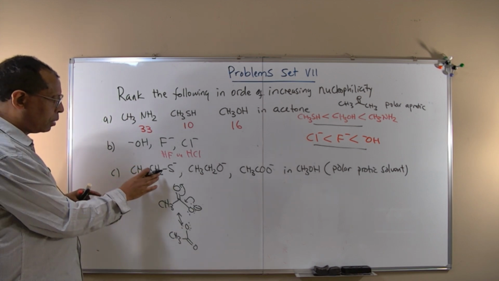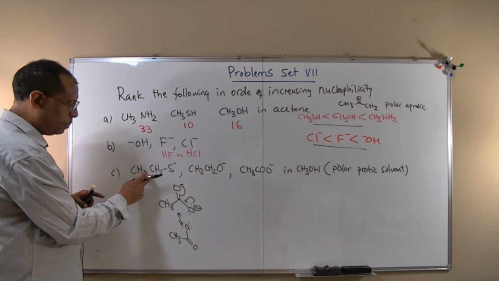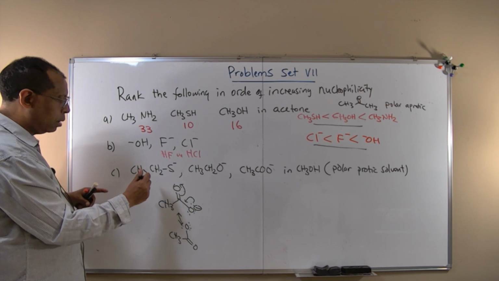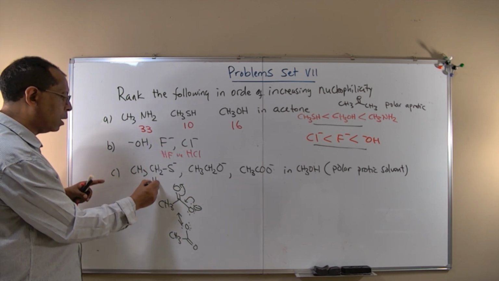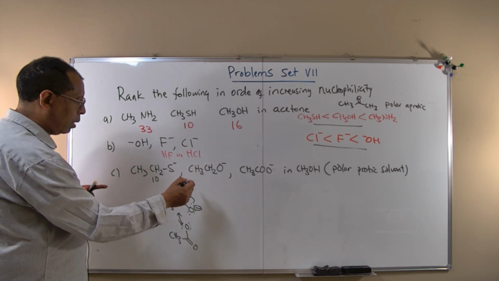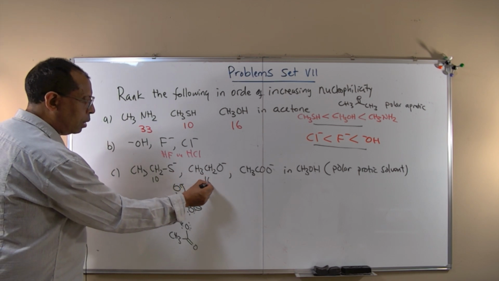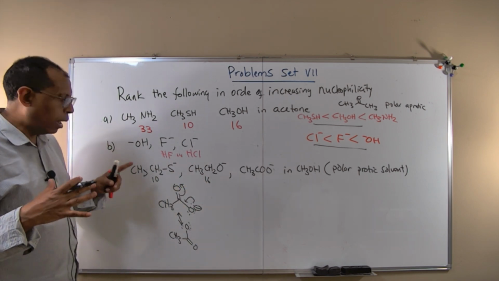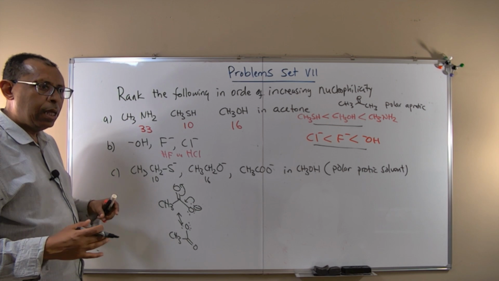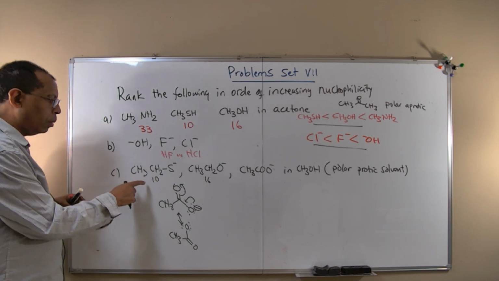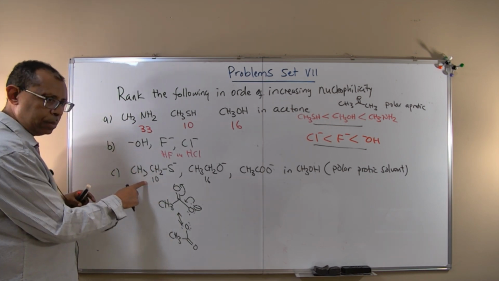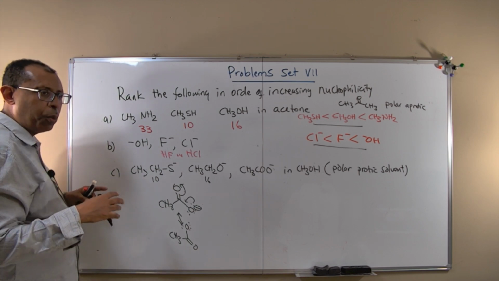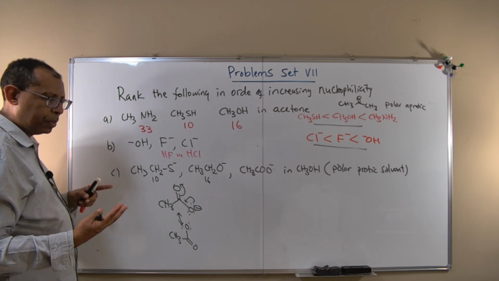So that would be the weakest one. Now, if you consider these two, ethanethiol is pKa of close to 10, and ethanol is about 16, if you consider the respective acids. So this is a stronger acid, so it has a weaker conjugate base.